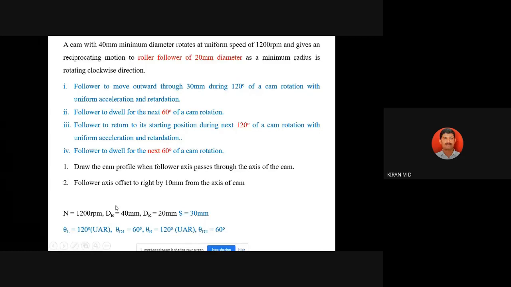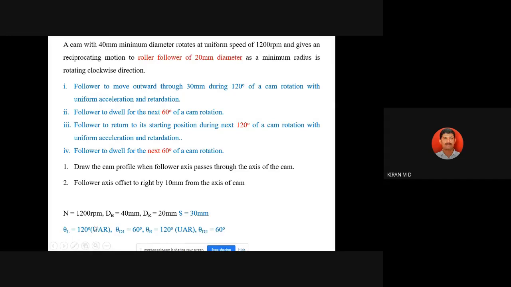Then theta L is 120 degrees with uniform acceleration and retardation.